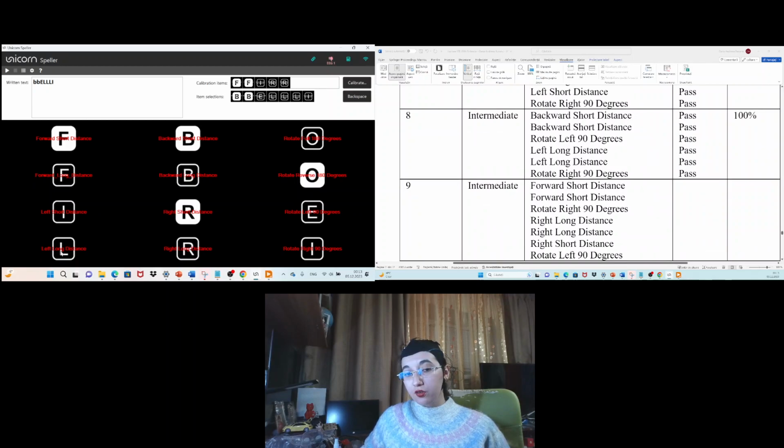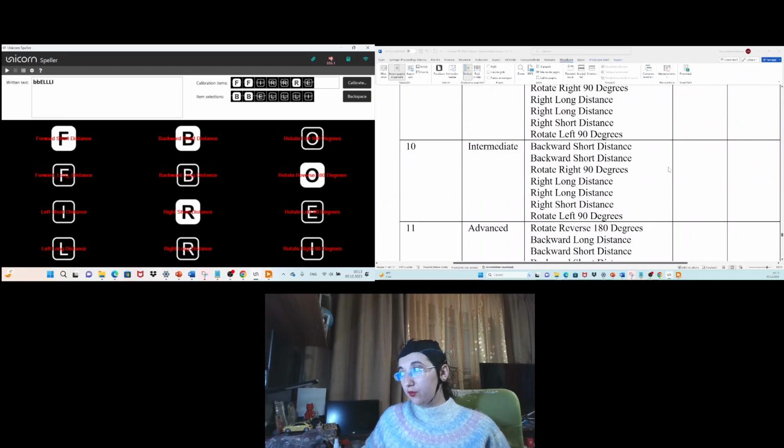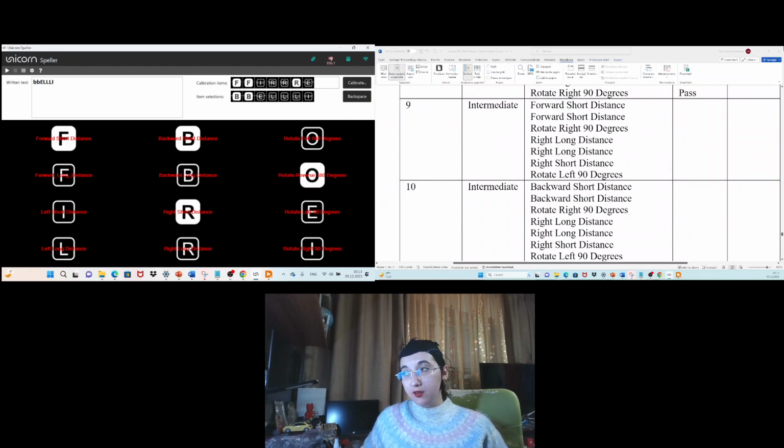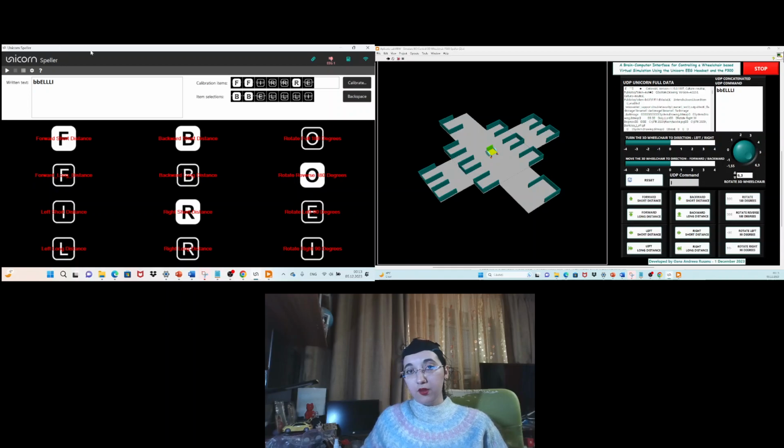Okay, and right short distance, right short distance. Okay, and rotate left with 90 degrees. So these are the required commands that I should focus my attention and my eyes for the intermediate level. So let's check them.